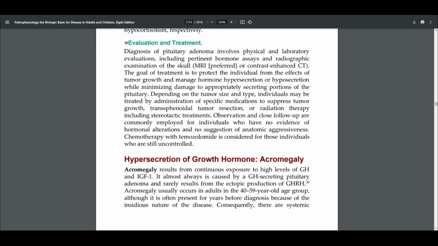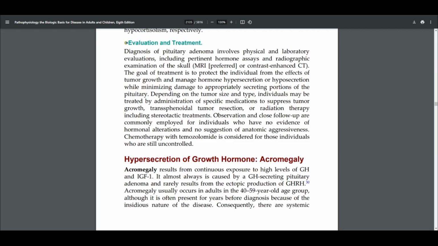Depending on the tumor size and type, individuals may be treated by administration of specific medications to suppress tumor growth, transsphenoidal tumor resection, or radiation therapy, including stereotactic treatments.